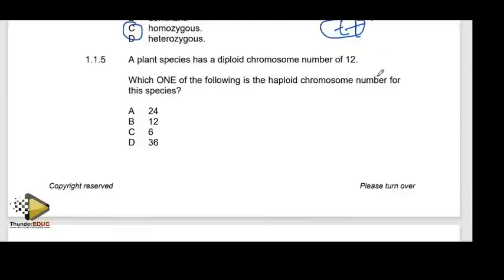If it is diploid, di means 2. That's why it's called 2 sets of chromosomes, 2n. So diploid means 2, and haploid means 1.